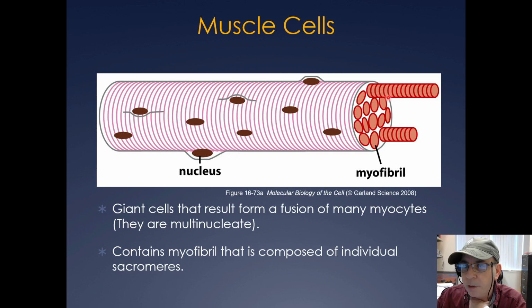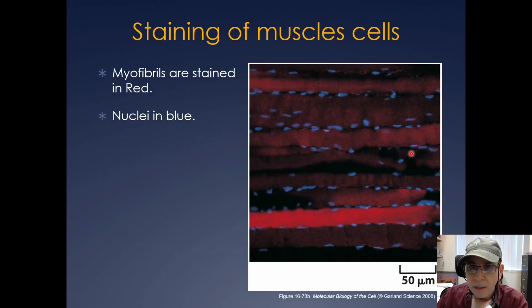And each one of these is then broken down into an individual sarcomere, these little discs assembled end on end, and these myofibrils are actually called sarcomeres. So here's the staining of a muscle cell, and once again, the myofibrils are stained in red here. They're pretty easy to see, and the nuclei are stained in blue.